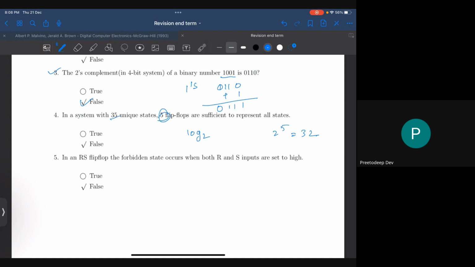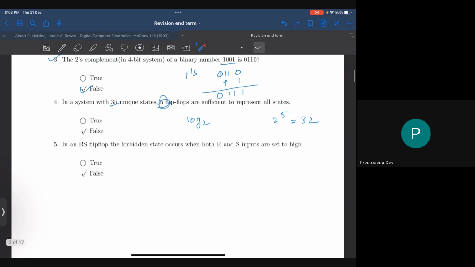Now question number 5, on the RS flip-flop. It is not in the syllabus, it's just one slide, so it will not be asked in the exam also. It's a little ambiguous, something is there on the internet and something else in the slide.